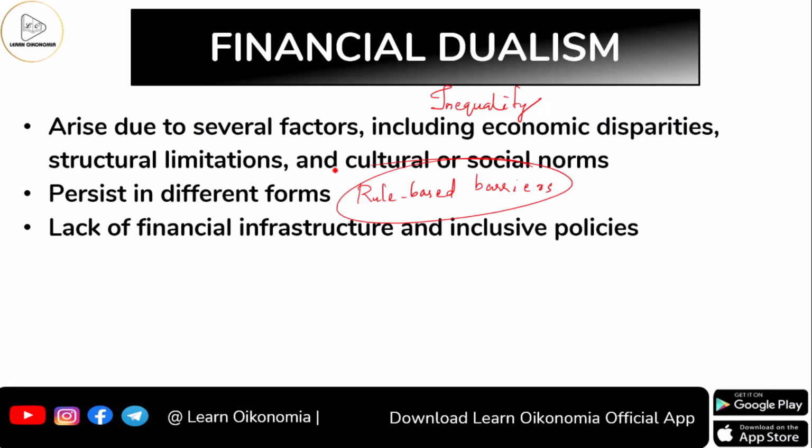Anyway, it would be much more exploitative compared to what we have in the case of the formal financial setting. So lack of financial infrastructure, inclusive policies, etc. by the government too will be compelling people to approach informal money lenders for some kind of assistance. So we require some policies in these areas so as to make the system much more inclusive.